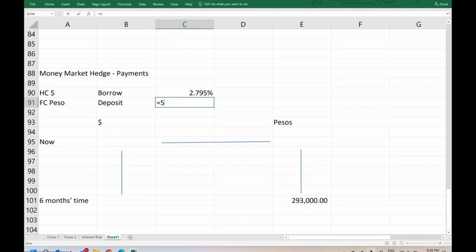So 5.31% divided by 2, or 6 by 12, same answer you get: 2.655%. Since it is pesos, we will discount using the peso deposit rate, which is 2.655.